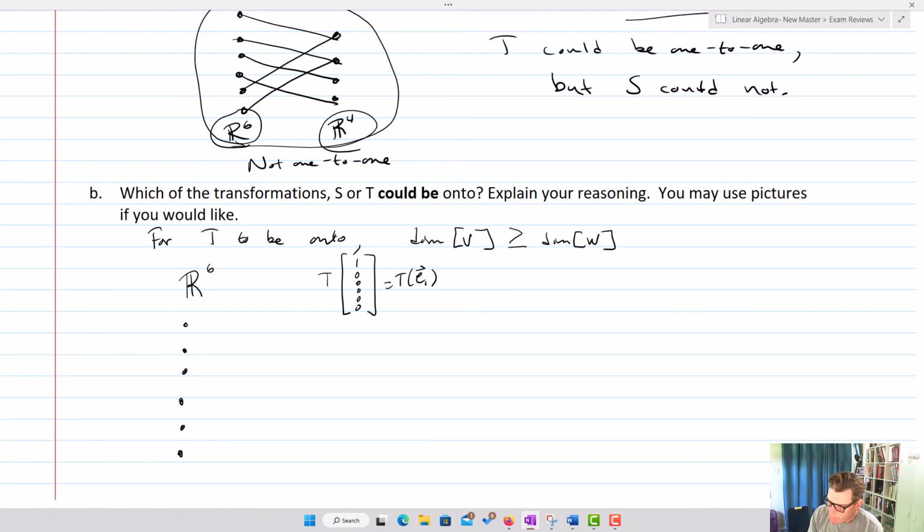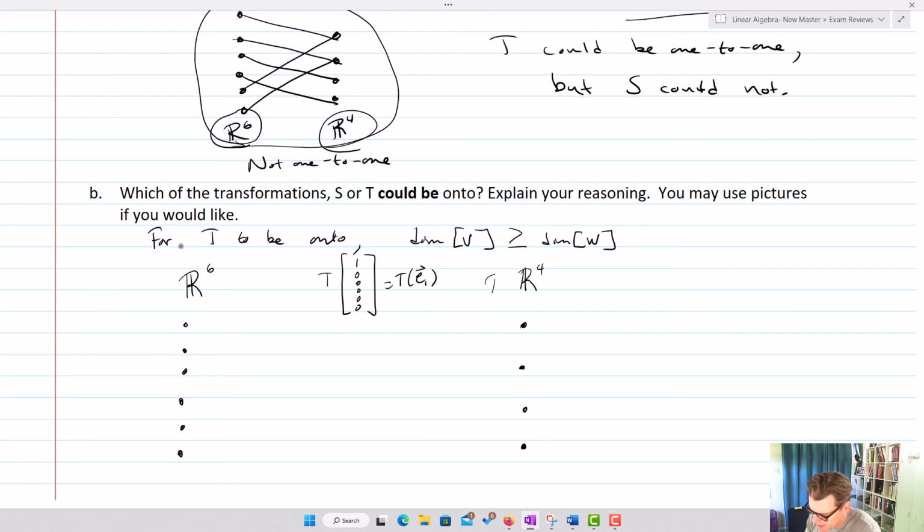And so they're essentially going to go to basis vectors in R4 in some manner or another. So here's R4 now, and we imagine that R4 has 4 dimensions, 1, 2, 3, 4.